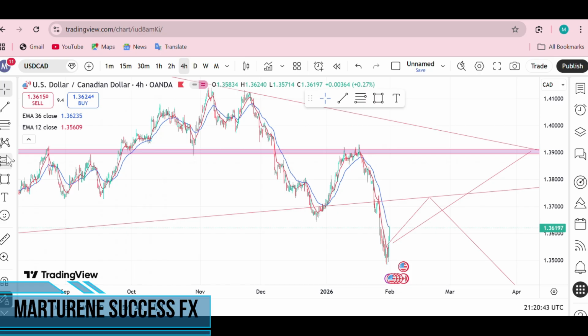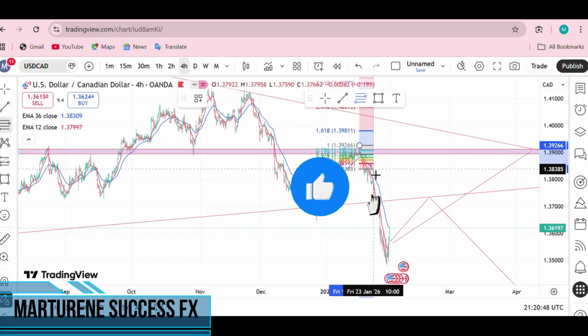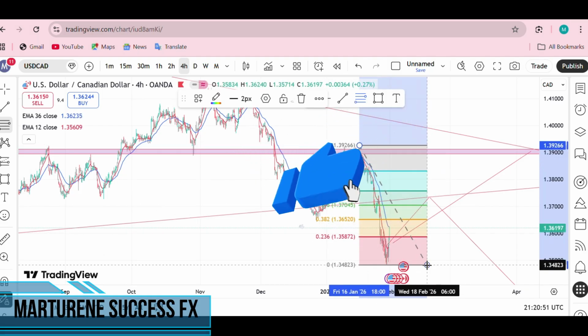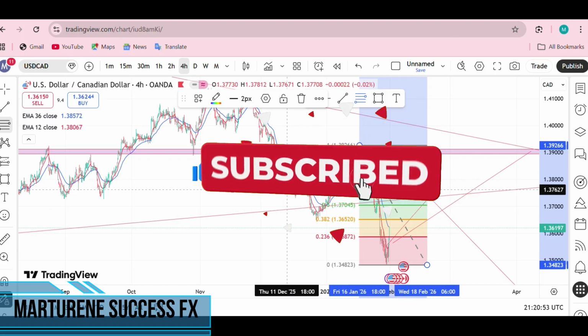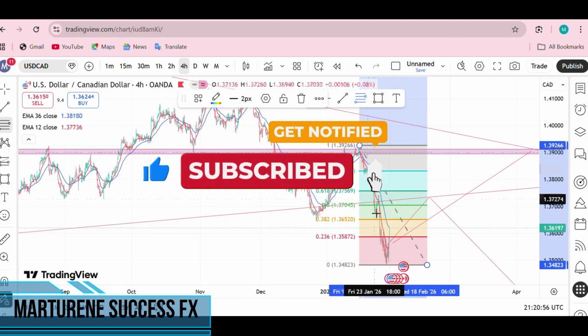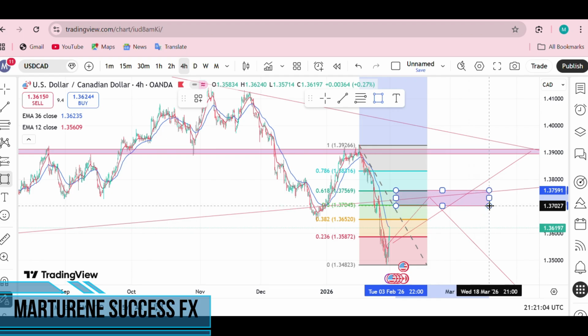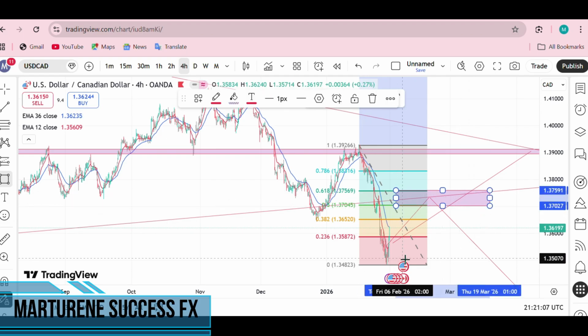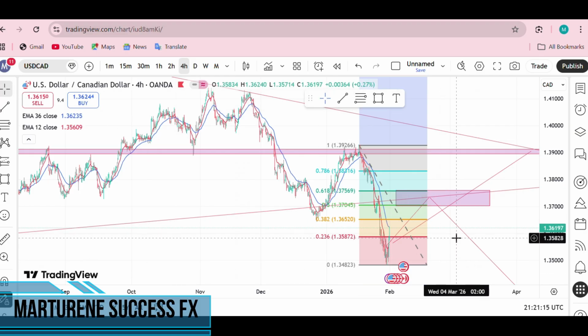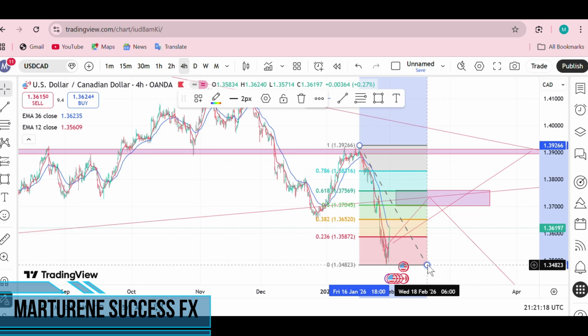You can also pull out Fibonacci to see. Let me say you can pull it from here to here, and we can see that this zone here, the golden zone, is a point of interest, so you can be watching that level.